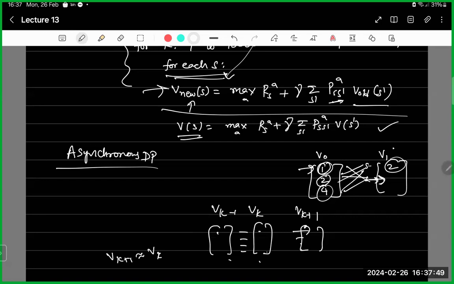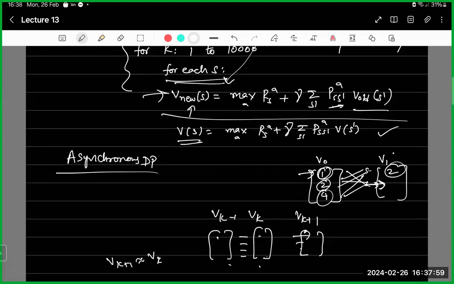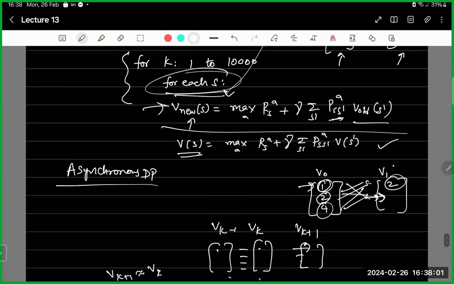If you have to choose only one state to apply the update rule, choose the state which has the highest difference between VK and VK minus 1. Instead of applying for each S, you just choose that S which has the maximum difference and just update that particular state. Okay. So that's called prioritized DP. You are prioritizing the states which have large errors. Okay.